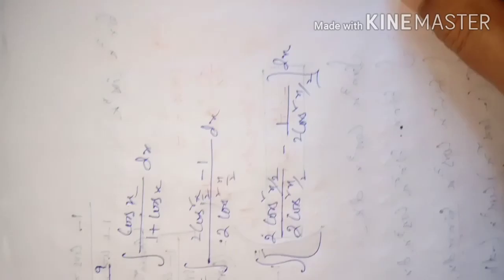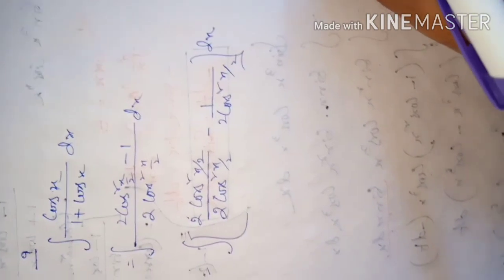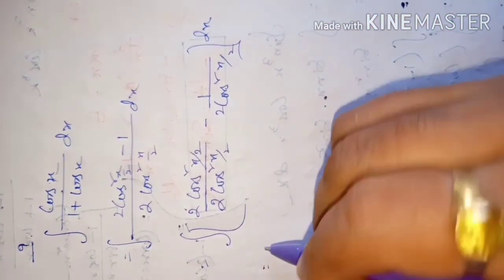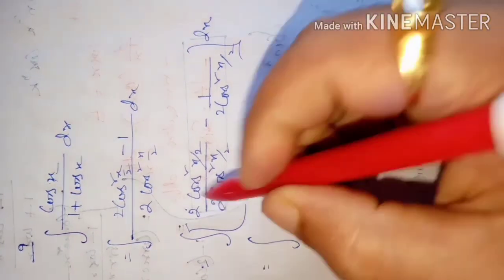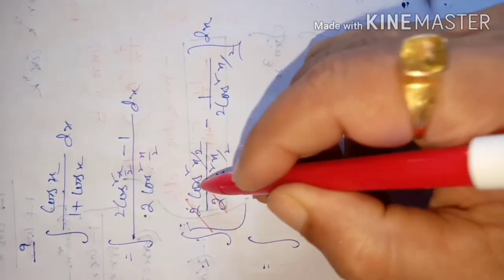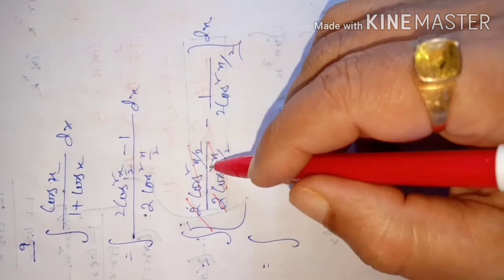We are integrating with respect to x. So this will get cancelled: 2 cancelled, cos square x by 2 cancelled, so it will be 1, 1 into dx.